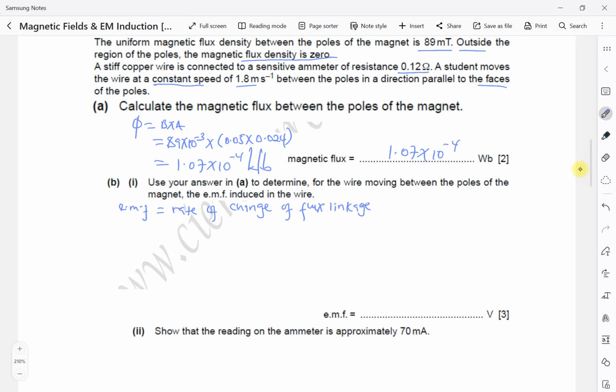Because it's just one wire, I will not add the number of turns, so it is just change in flux over time.